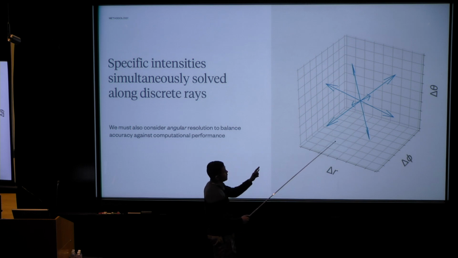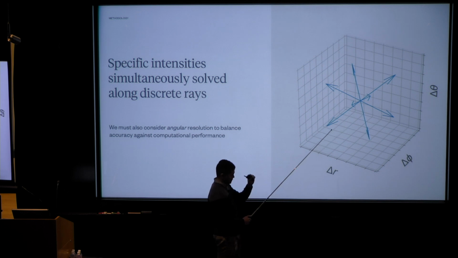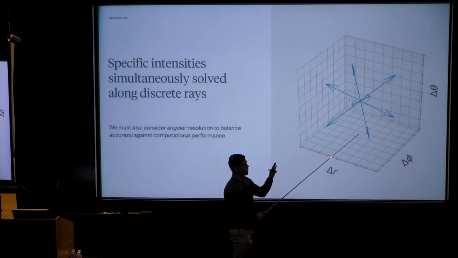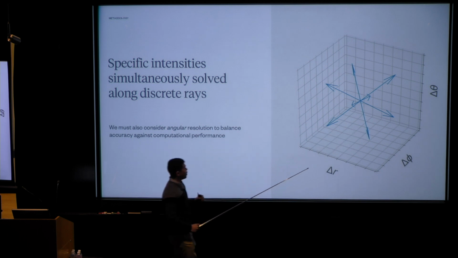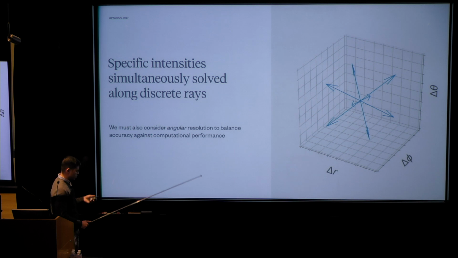But in actuality, the algorithm to produce the number of discrete angles makes the solid angles subtended by each of these rays equal to one another. And so as a result, we now must also consider the angular resolution of the simulation in addition to spatial resolution in order to balance accuracy against computational performance.